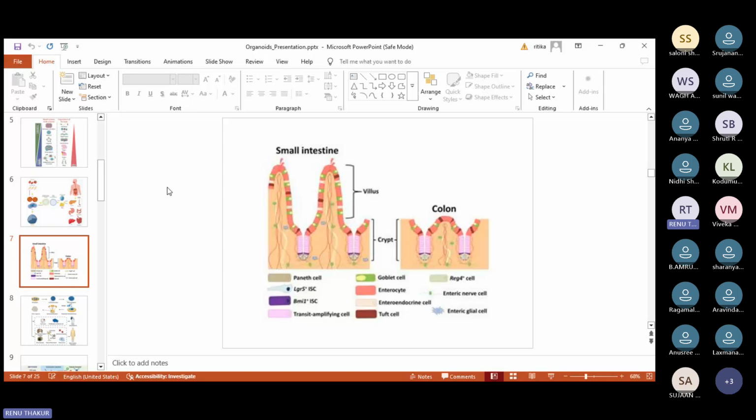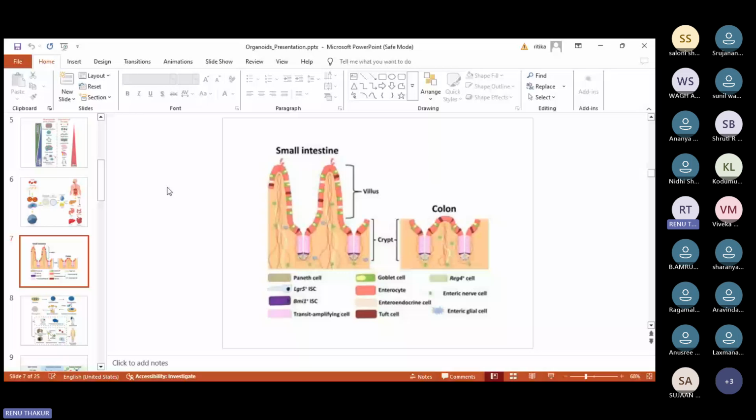Organoids contain various cell types found in the intestine, such as enterocytes, goblet cells, Paneth cells, and enteroendocrine cells, which are essential for nutrient absorption, mucin production, antimicrobial defense, and hormone secretion. So each and everything is present in this kind of model.